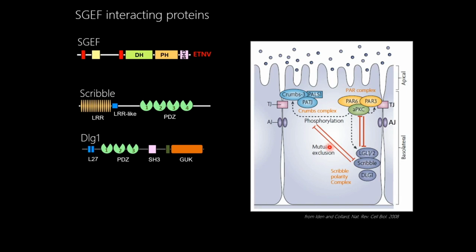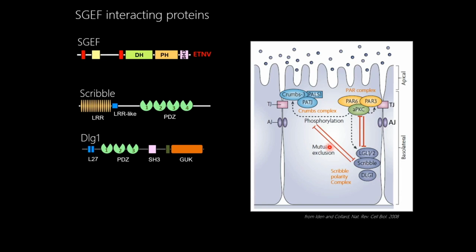So what is cell polarity? As you probably know, epithelial cells are very important in tissues and organs to establish a barrier. They typically separate the outside from the inside.